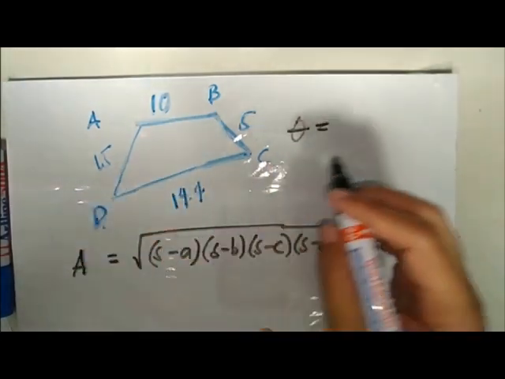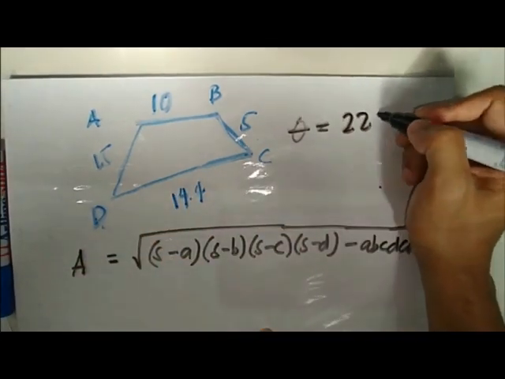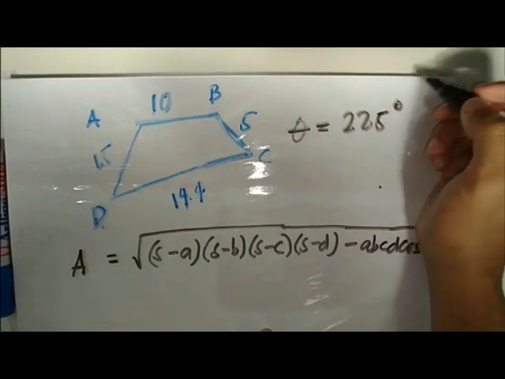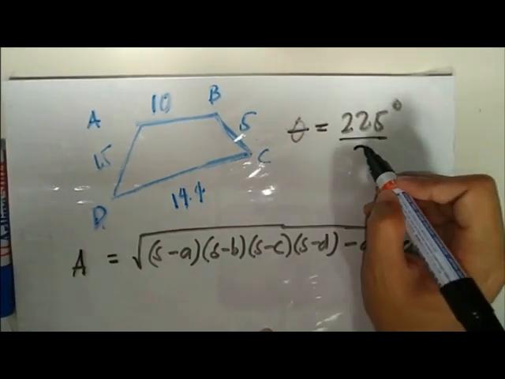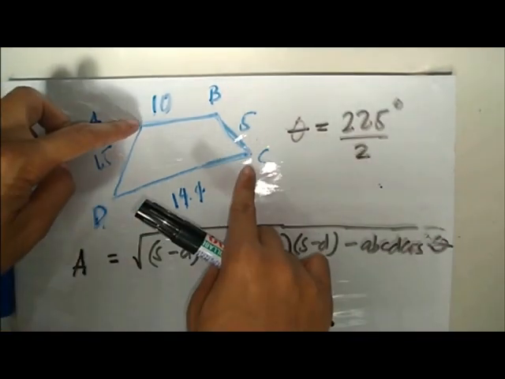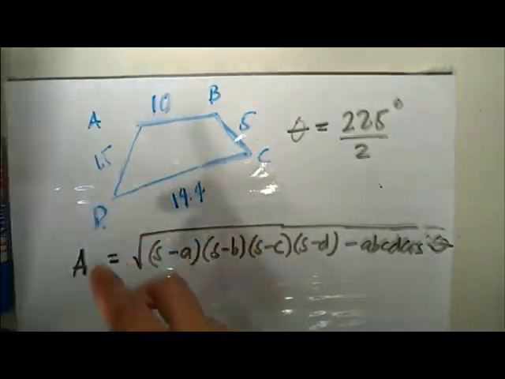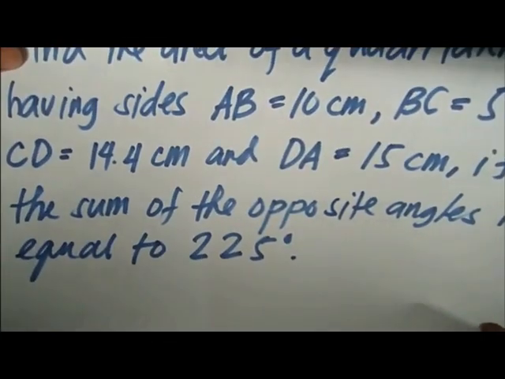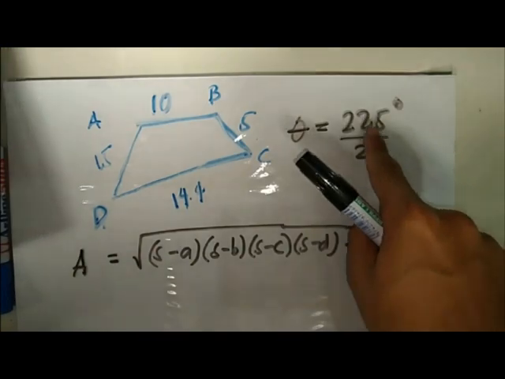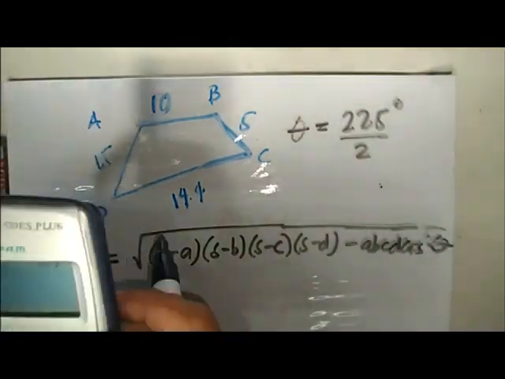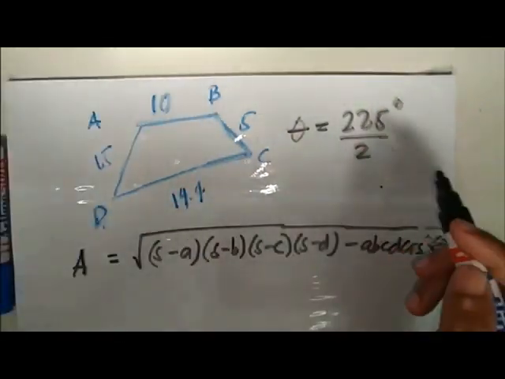So, given na tayo ng 225 degrees. So, sum yun, and divide lang natin sa 2. Hindi natin alam kung alin yung given na 225, but given siya, the sum, so 225 divided by 2. So, we have 112.5.